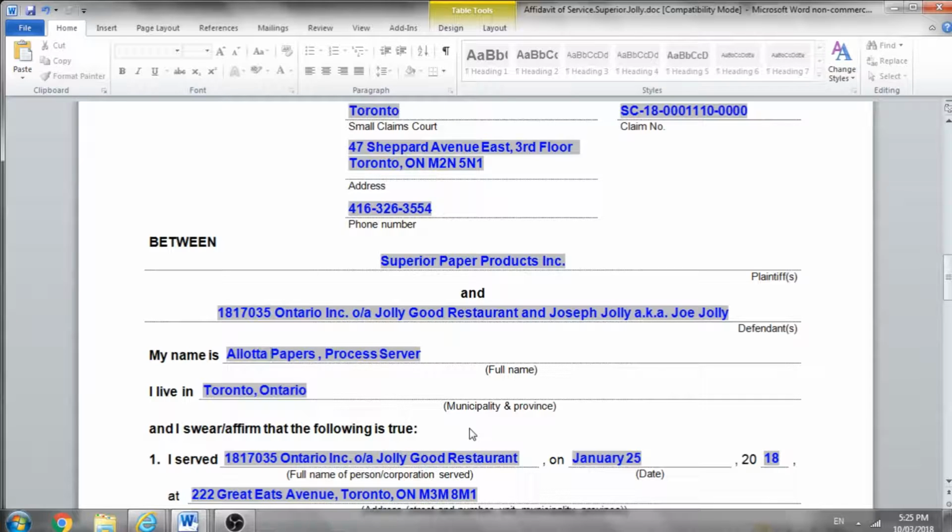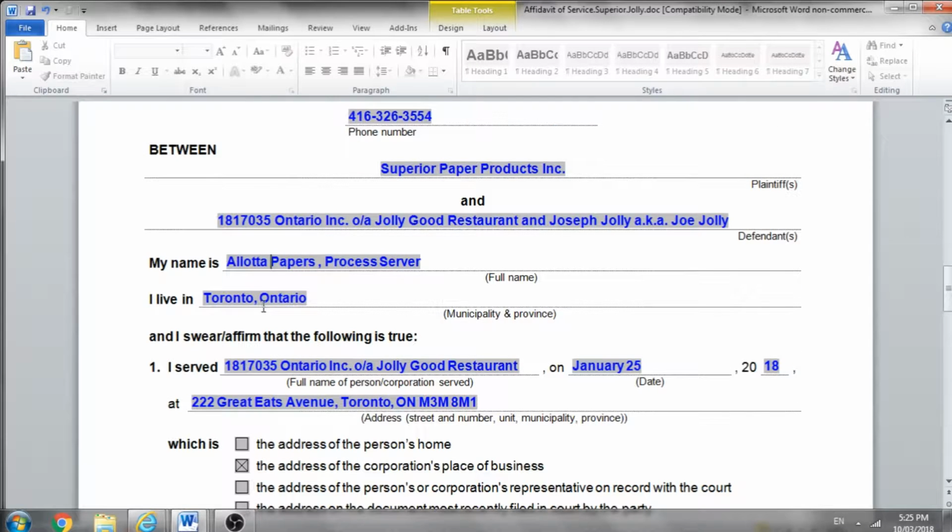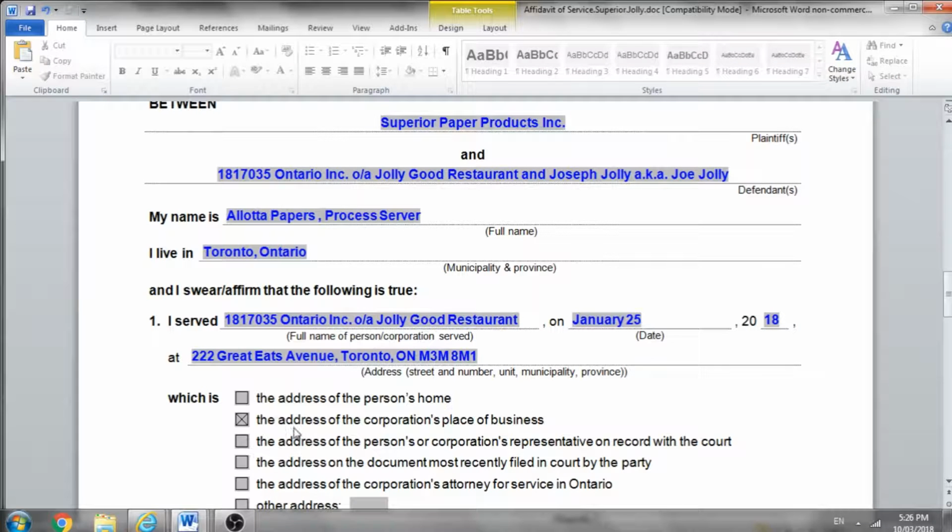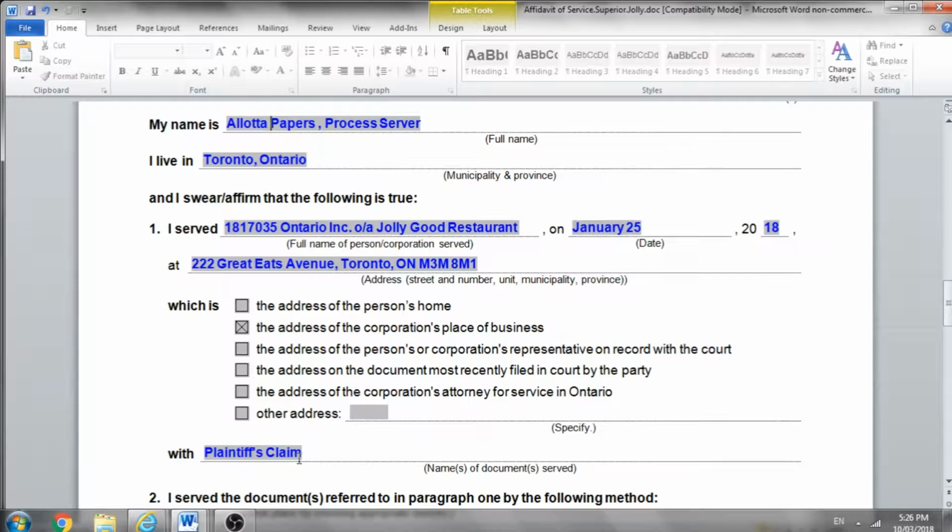Ms. Papers resides in Toronto, Ontario, so she's going to state that in her affidavit, and in paragraph 1 she's simply going to say that she served, in this case the corporation, on January 25th, 2018 at 222 Great Eats Avenue, Toronto, which is the address of the corporation's place of business, with the plaintiff's claim.